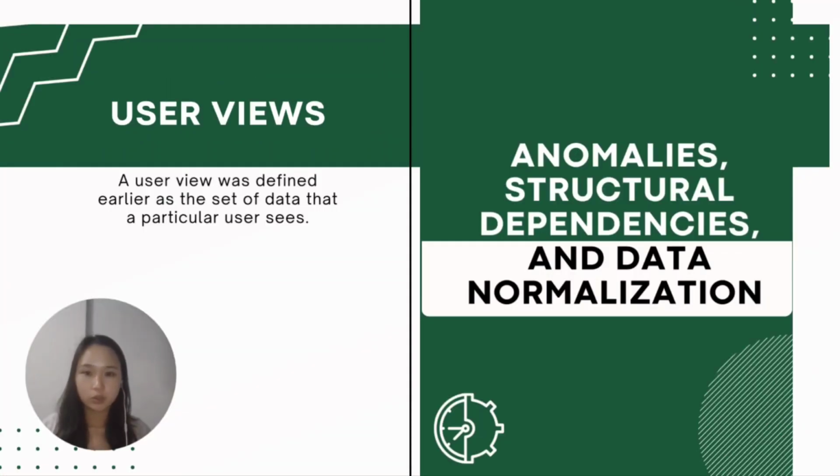User views. A user view was defined earlier as the set of data that a particular user sees. Examples of user views are computer screens for entering or viewing data, management reports, or source documents such as an invoice.